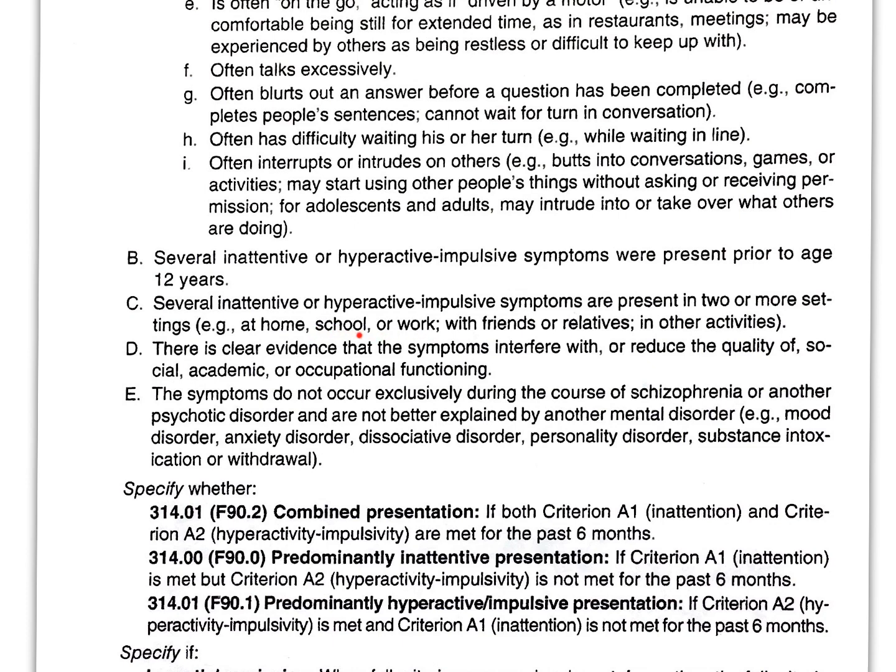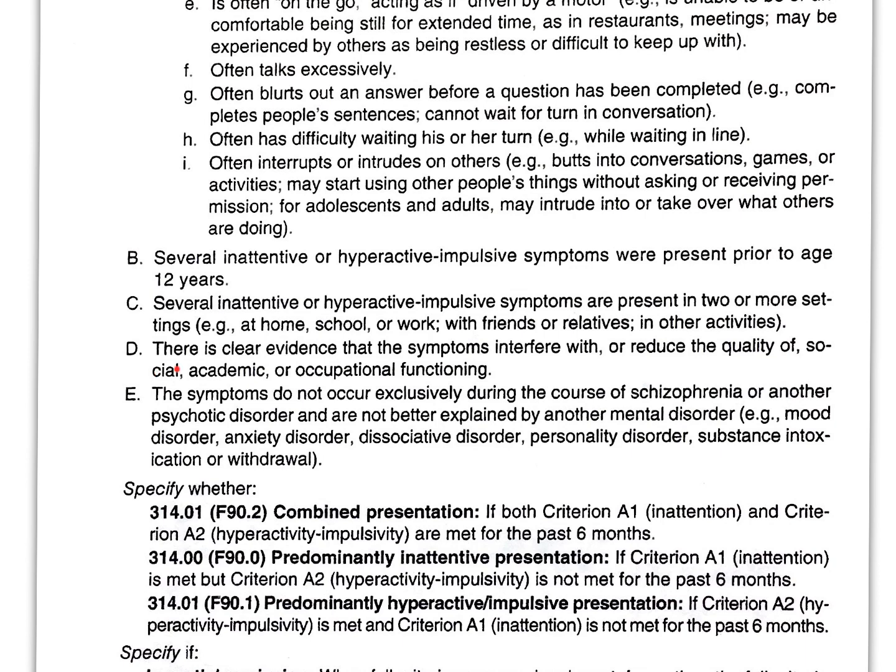It can't just be at school, for example, that the child displays these types of symptoms. That's probably the most common occurrence of when you're trying to discern this particular issue, when you're working with a child. If it's only happening at school and it's not being noticed by parents, by friends, by other situations, team sports, or whatever the case might be, if it's only school, then this criteria may not be met.